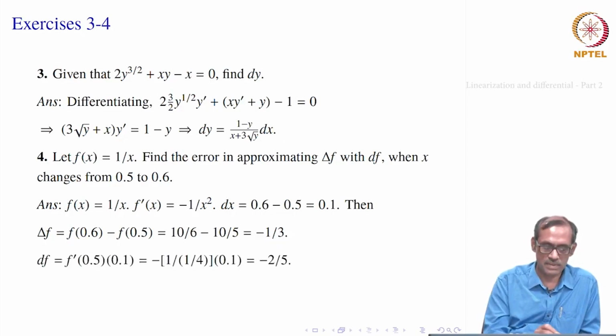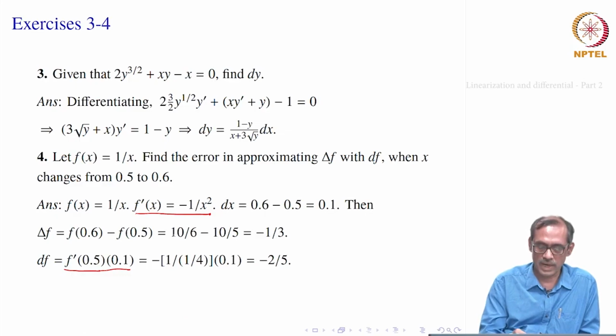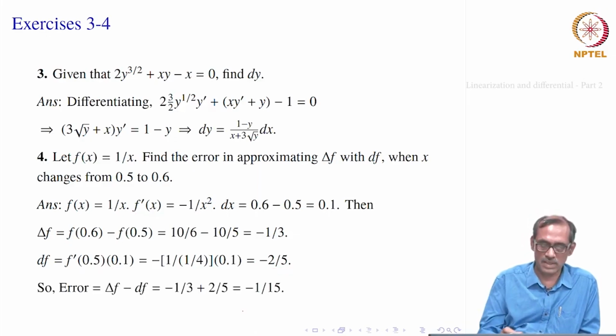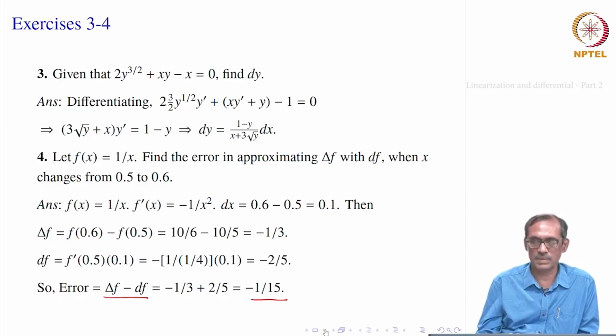And what is df? df equal to f prime at a times the increment in x, which is f prime 0.5 into 0.1, and f prime, if you substitute 0.5, you would get 1 divided by 0.5 squared into 0.1, and it is a minus sign. So, that makes minus 2 by 5. Then what is the error? The error is their difference, delta f minus df, which gives you minus 1 by 15.